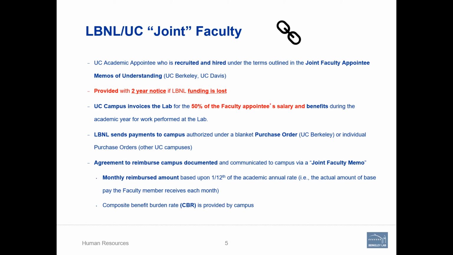So we definitely cover 50% of the faculty appointee salary and the benefits during the academic year. The payment happens the same way: campus invoices us and we send payments to campus. Again, this is documented with a joint faculty memo, so it would say joint faculty and not shared faculty.